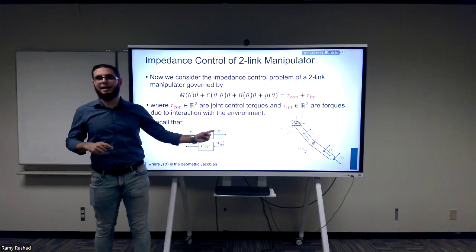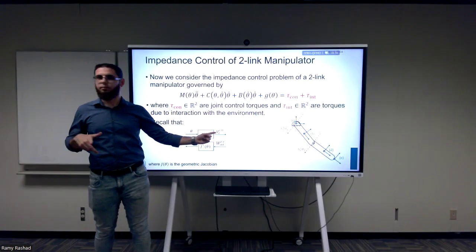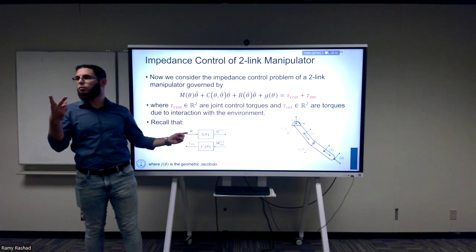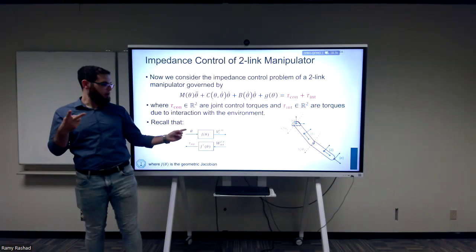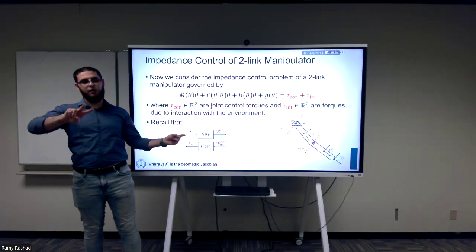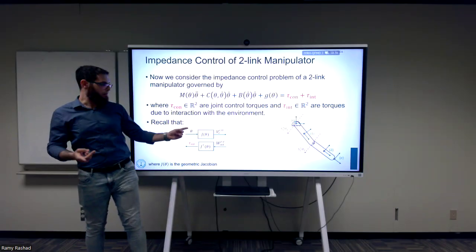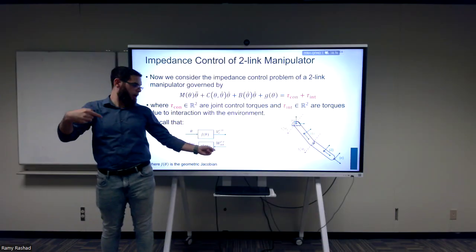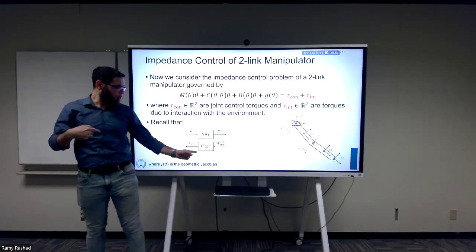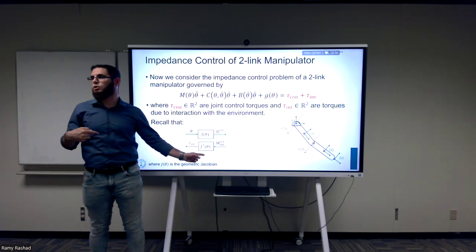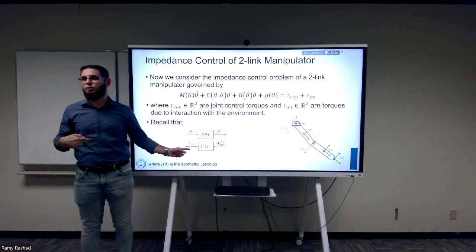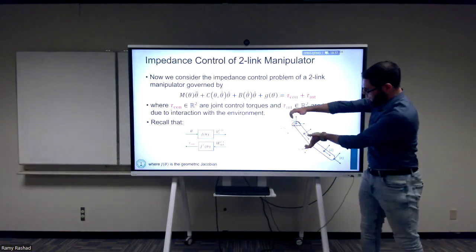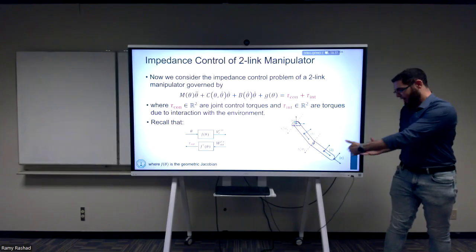So the end effector has a 3-dimensional twist mapped from the 2 angular velocities of the joints. And the dual map will map whatever forces and torques are applied to the end effector through the geometric Jacobian transpose, and I get the interaction torques.